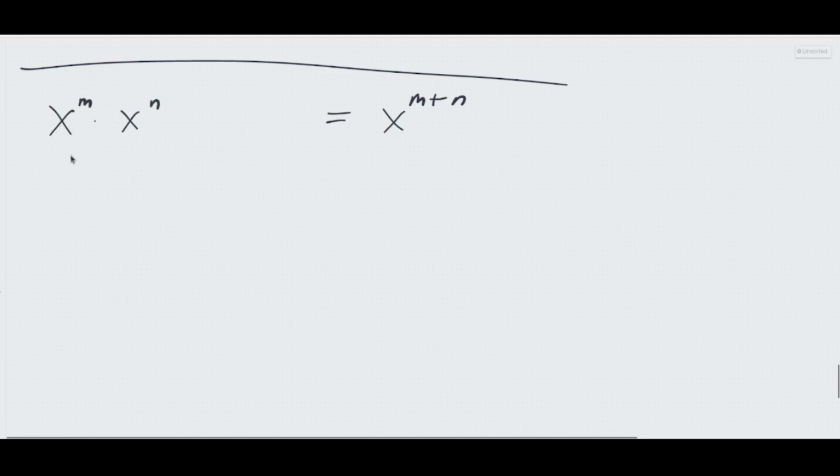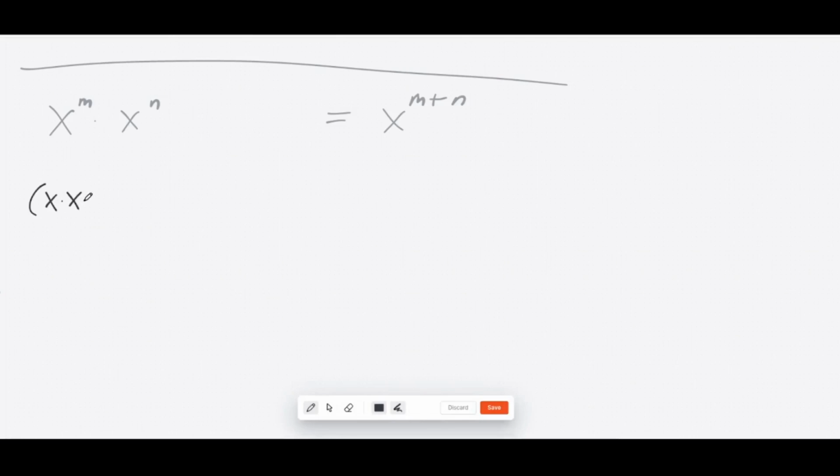So here, the way this is typically represented is we have x times x times x, and we don't know how many times we're multiplying it by itself, but we can represent this as saying that we're doing this m times. So there's basically m x's multiplied together. And then we have the multiplication sign outside the parentheses, and then we can do the same thing here.